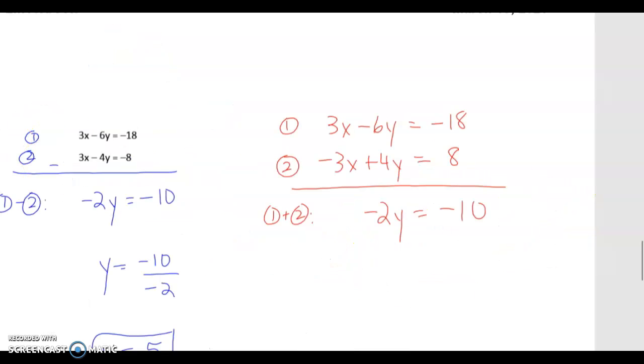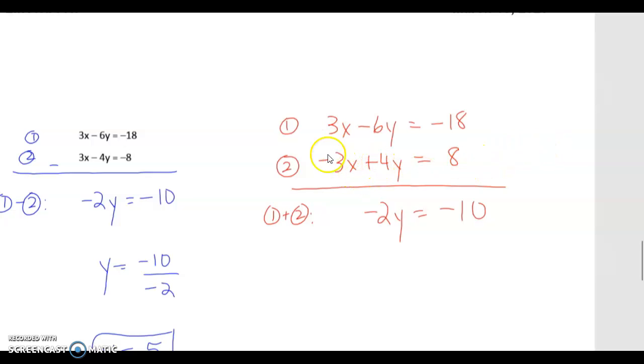Some students really don't like subtracting. So an easy fix: take your either first or second equation, in this case I'll take my second equation, and multiply everything by negative 1. Remember, multiplying an equation by the same number, I'm not changing anything. I'd be changing something if I were to graph it. So when I multiply everything by negative 1, I end up with negative 3x plus 4y equals 8.